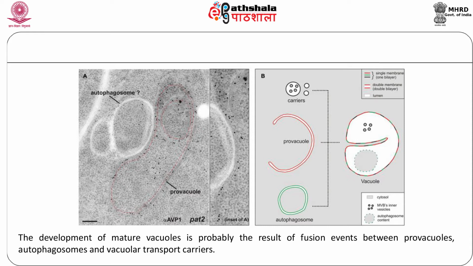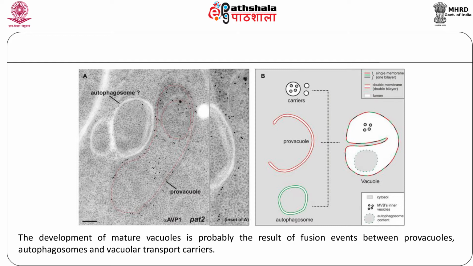Adjacent to the provacuole, a ring-like structure which is not labeled by the antibody, alpha AVP1, could be an autophagosome. This picture shows that at least two distinct populations of circular or semicircular double bilayered structures exist in Arabidopsis root tip cells.